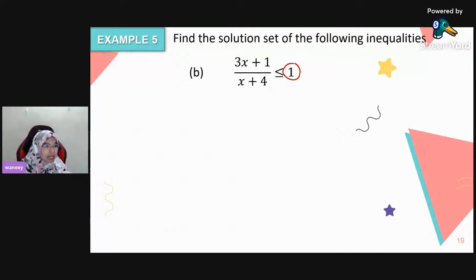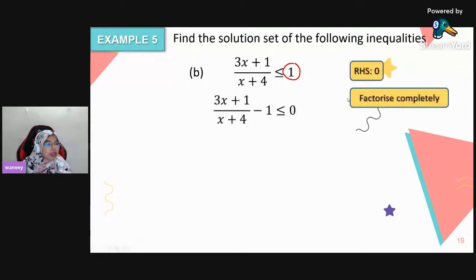Oh, by the way, nampak kan ni adalah rational because we have x in our numerator and x in our denominator. So this is a rational inequalities. So we got to bring 1 to the left hand side. Okay, so we got 3x plus 1 over x plus 4 minus 1 less than or equal to 0.